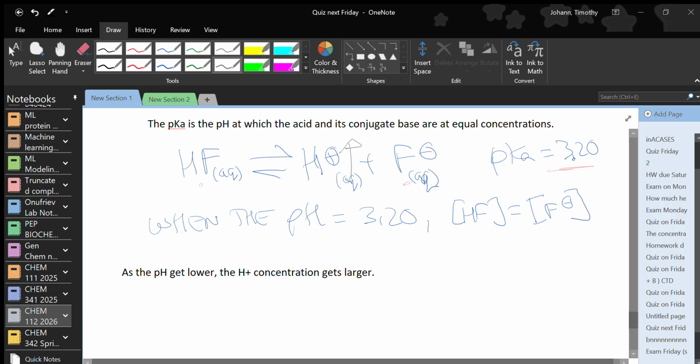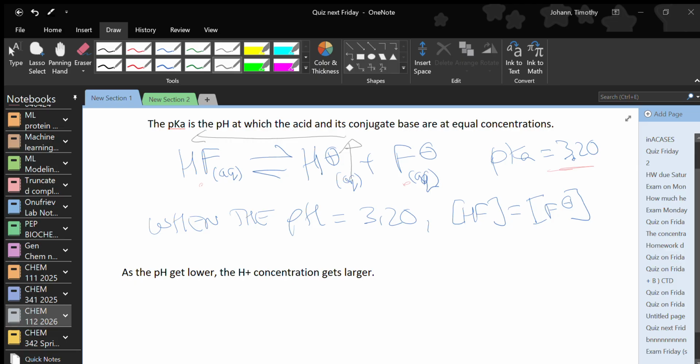It's going to shift to the left. So something really useful is I can say that if my pH is lower than the pKa, I have more of this than this. And vice versa. If the pH is higher than the pKa, I have more of this than that.